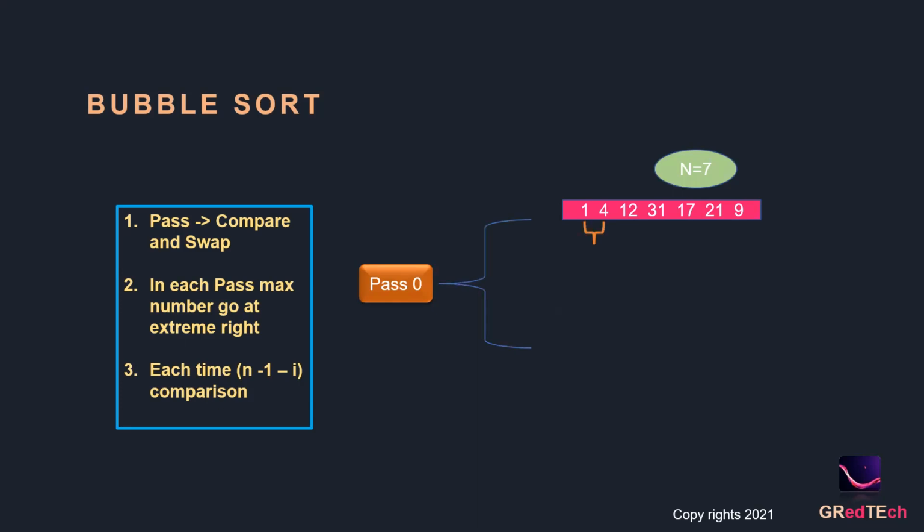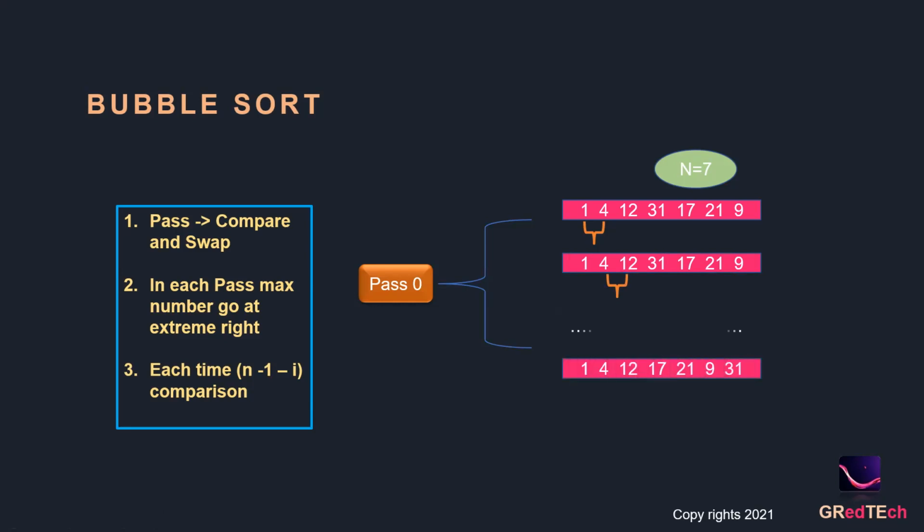Suppose this is the first comparison. If it is not sorted, say 4 was before and 1 was after 4, it will do the comparison and swap them. If it is already sorted, it will not do anything. Then it checks the next pair. Here, too, it is already sorted.